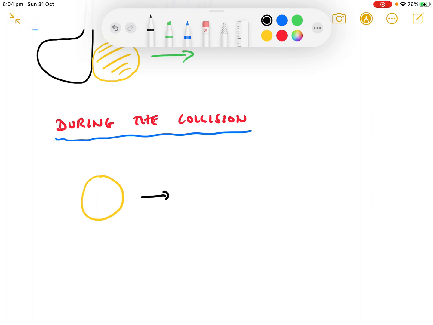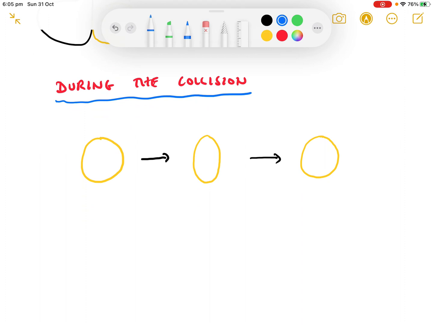when the club makes contact, the golf ball gets compressed and it kind of gets squashed, sort of like that, and then it decompresses back to its original shape again.